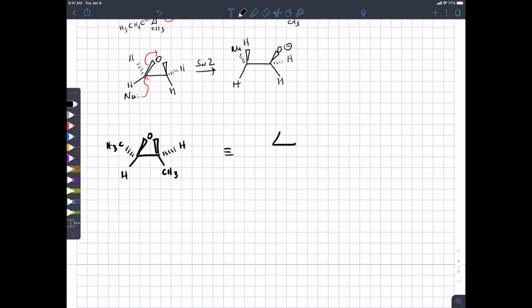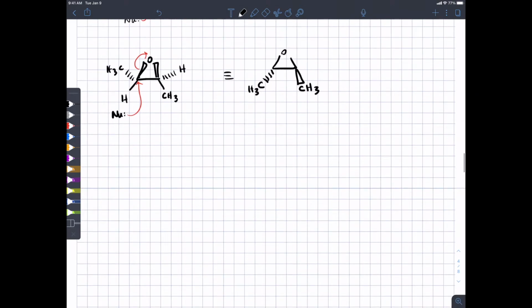Alternatively, you could just draw that epoxide this way. And if a nucleophile were to come along and open up the ring from behind, yeah, the product is going to involve inversion of configuration. That is, the nucleophile is now going to be down. The methyl group, which used to be down, is now up.